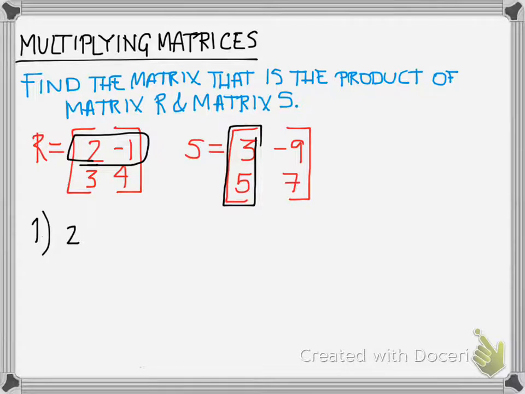So 2 times 3 plus -1 times 5. So 2 times 3 is 6, plus -1 times 5 is -5.